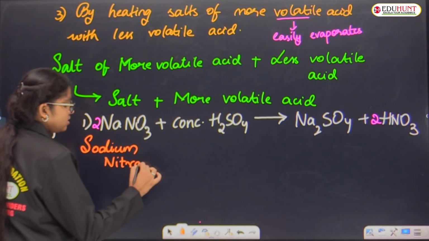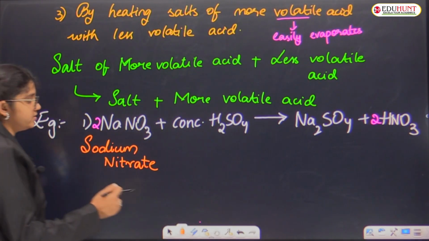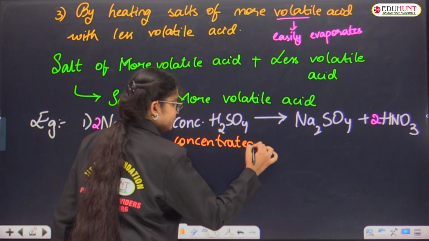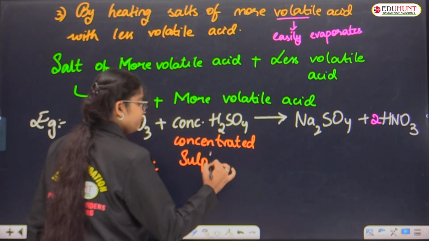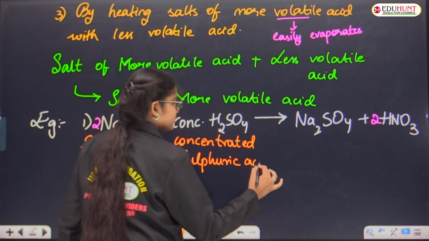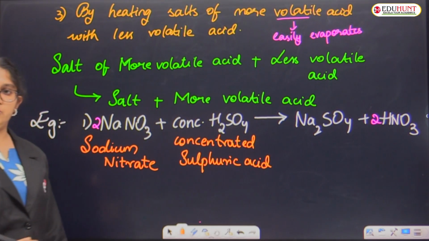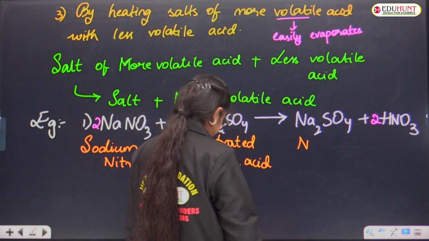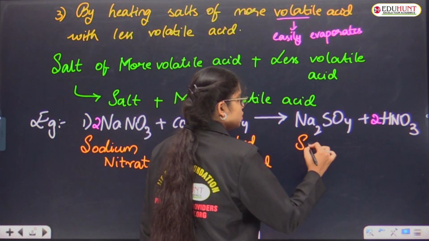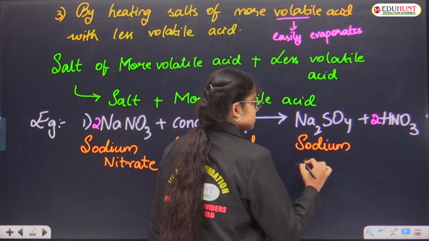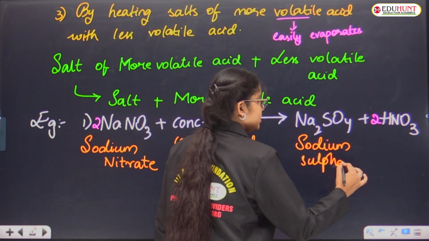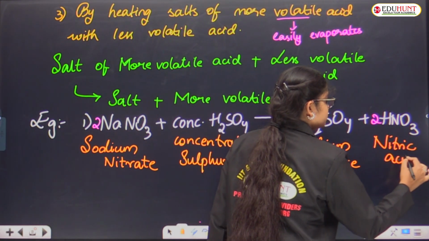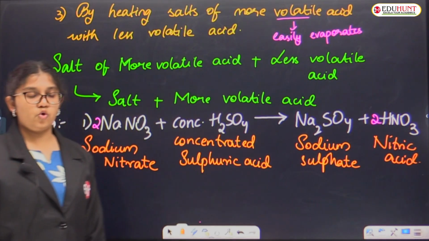What is this, children? Sodium nitrate. This is concentrated sulfuric acid. Now this is Na2SO4, sodium sulfate. This is nitric acid. Okay, these are the 4 names for you.